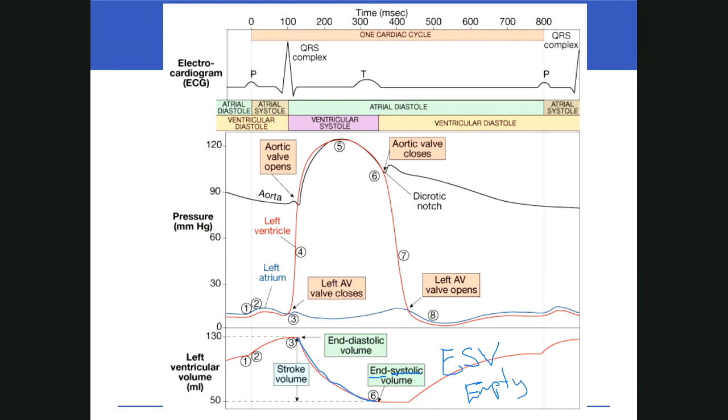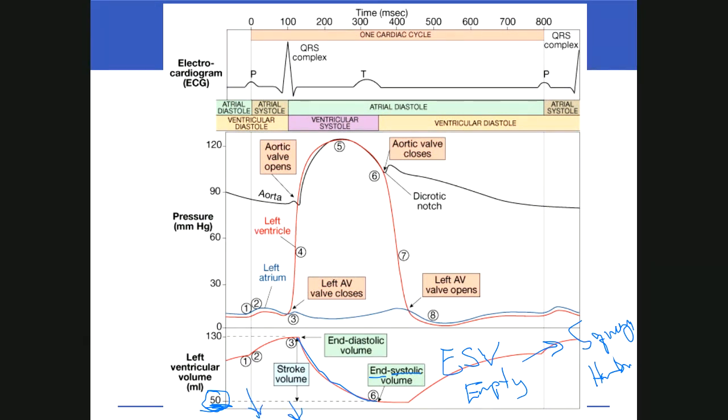And that's as empty as the heart is going to get. So is the end systolic volume 0? Did all of the blood get pushed out of the heart? No. There's still this much left in the heart. And so if you start exercising and I squeeze harder, because you can do that, then this number will go down even lower.